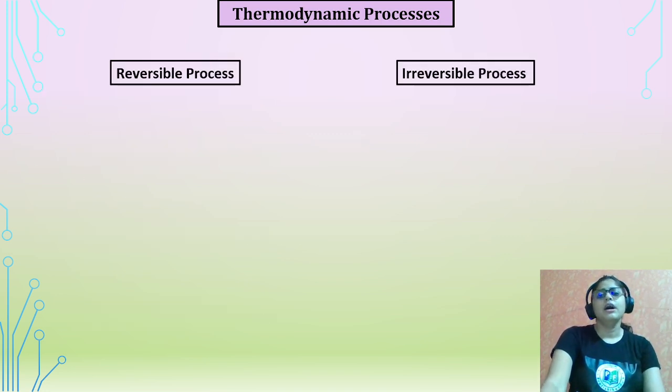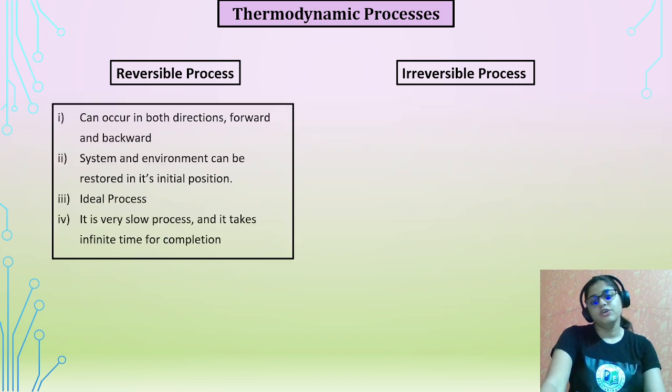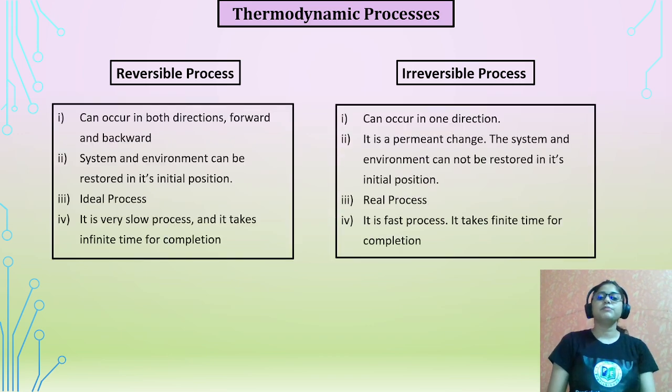Next will be the reversible and irreversible process. So what is a reversible process? It can occur in both directions, forward and backward.